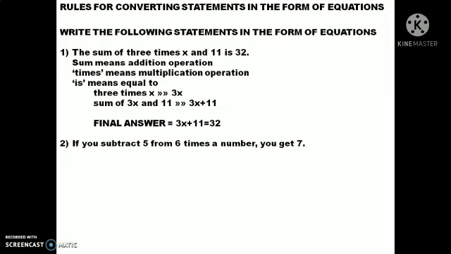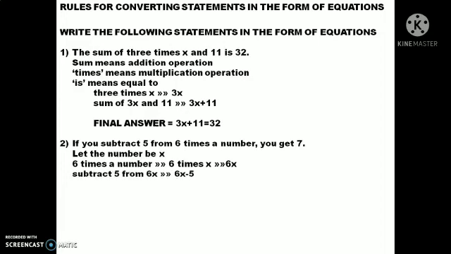first. Here, what comes after from? 6 times a number. Here, no letter is given, so you can assume any letter of your choice. In this case, I am taking x. Let the number be x. So, what is 6 times a number? 6 times a number means 6 into x, and we can write it as 6x.